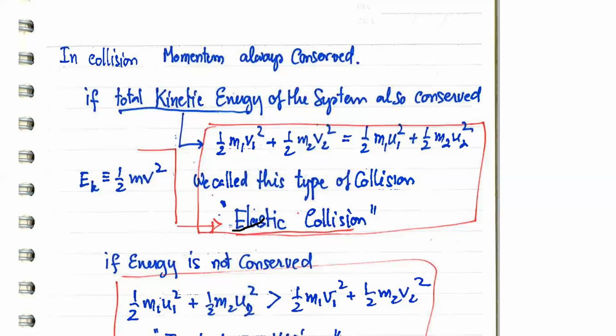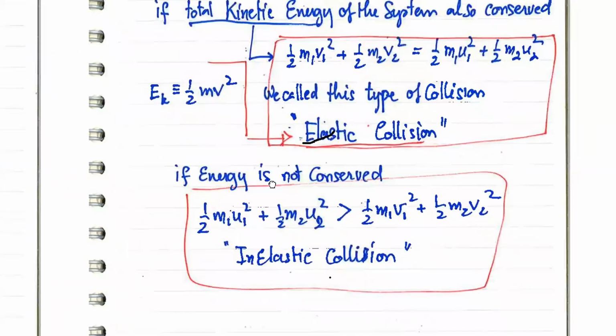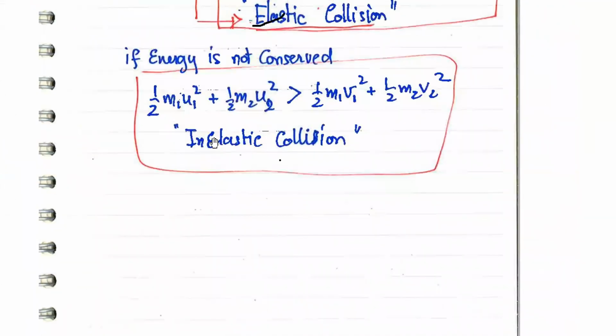The initial energy must be greater than the final energy, and this is called an inelastic collision. Now, most of the time, the collision is inelastic, but there are some cases where you have an elastic collision, especially when you don't have any other forces involved.